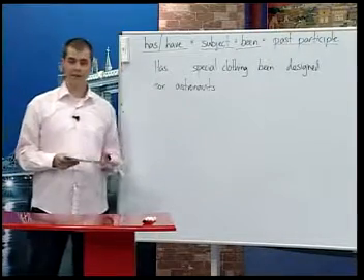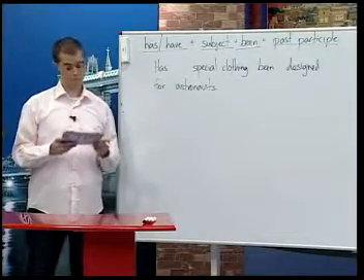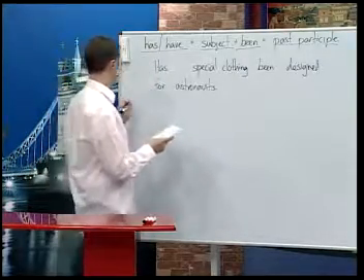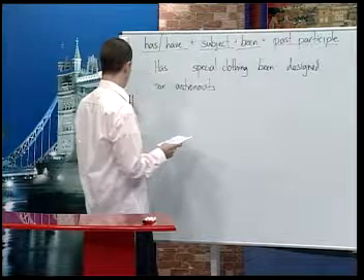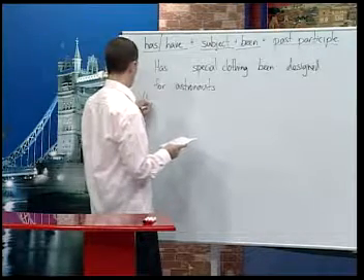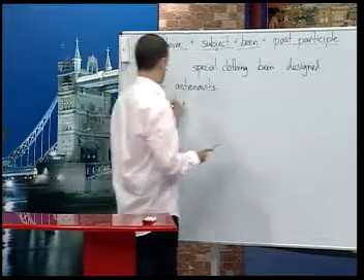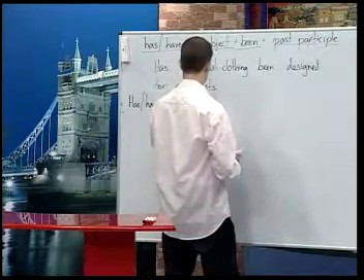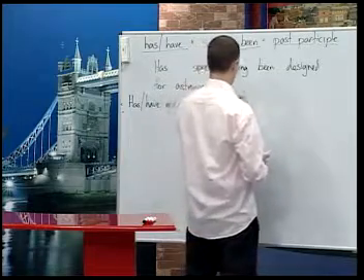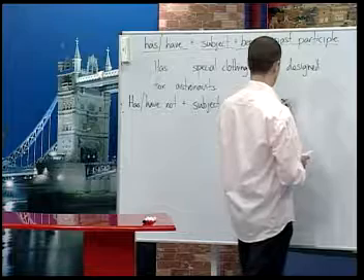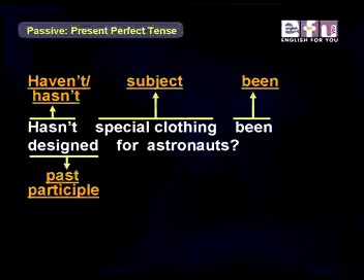And to form a negative yes/no question, we just use has or have not. So has or have not, plus subject, plus been, plus past participle.